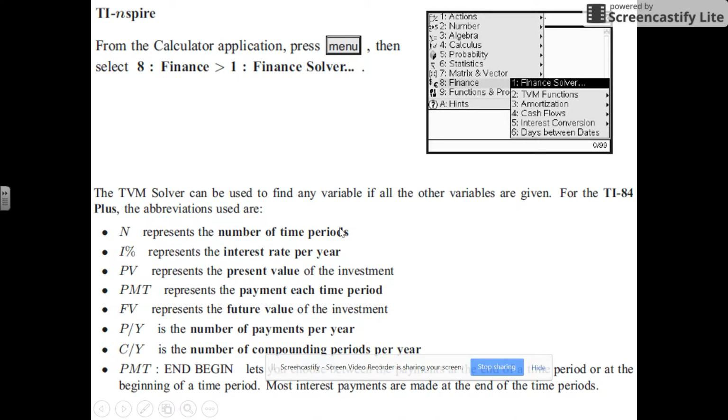And basically, the thing you got to make sure you know how to do is the number of compoundings. So N times K is our compoundings. Present value, notice it says put it in as a negative.